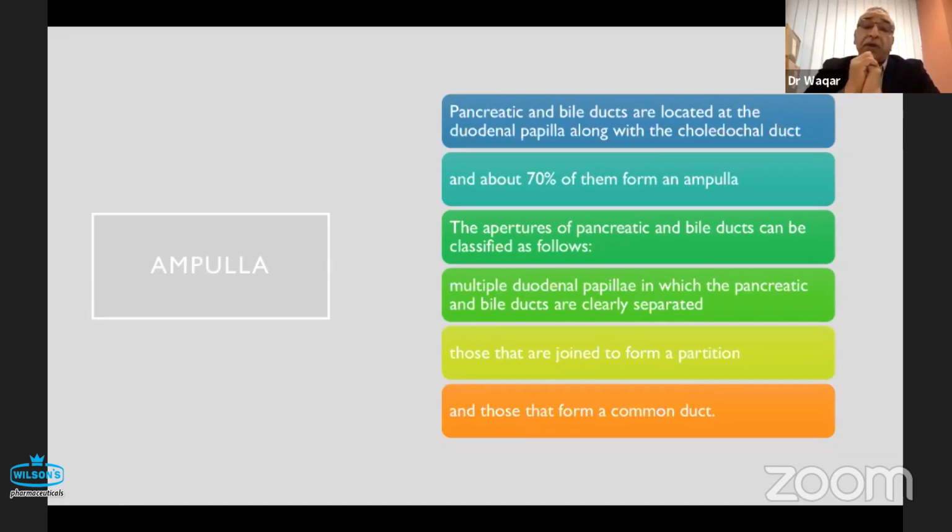Now, in the ampulla, the pancreatic and bile ducts are located at the duodenal papilla with the choledochal duct. About 70% of them empty into a common chamber and form an ampulla, which is a dilatation at the terminal end of the pancreatic and bile duct when they join into a common chamber. However, it varies from person to person, and there are three possibilities.